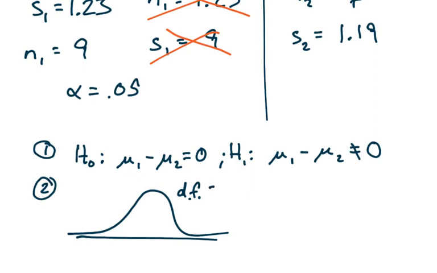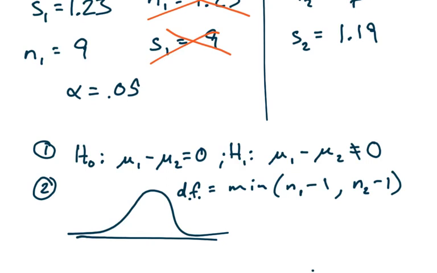And so here, the degrees of freedom is whichever is less. So I'm going to say the degrees of freedom is the minimum of n subscript 1 minus 1, the degrees of freedom for the first sample, and n subscript 2 minus 1, the degrees of freedom for the second sample.